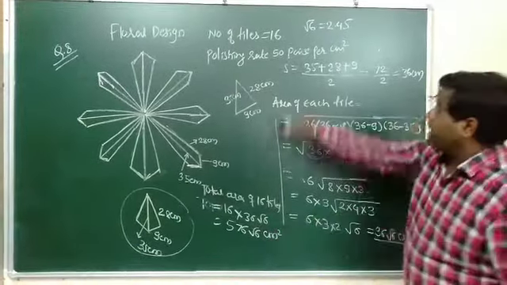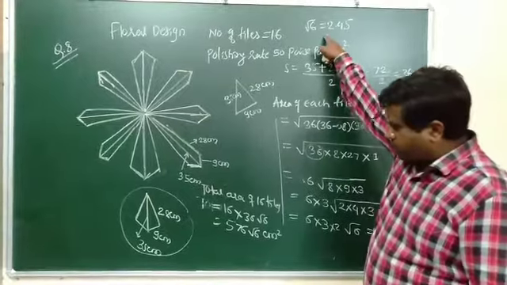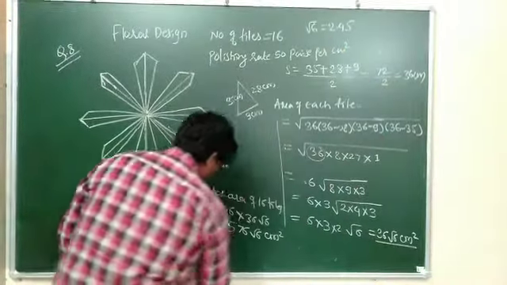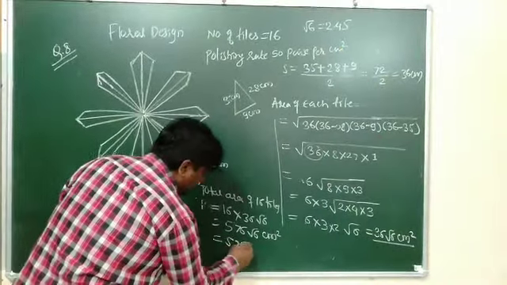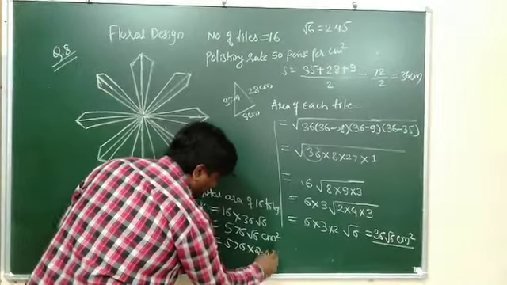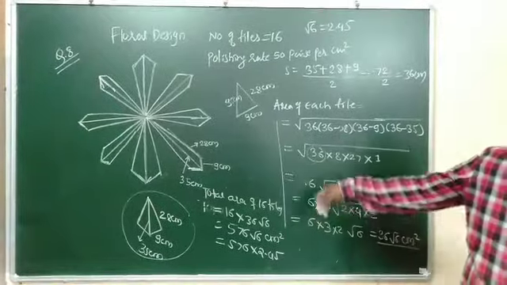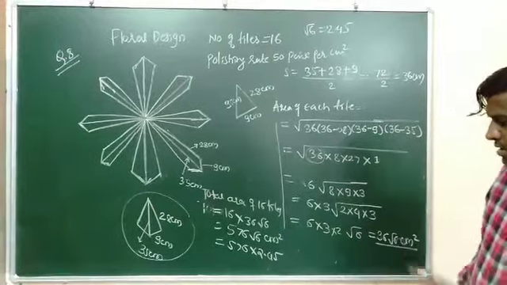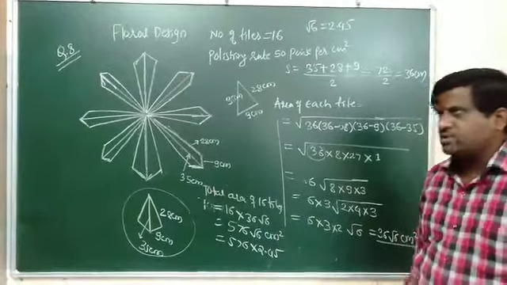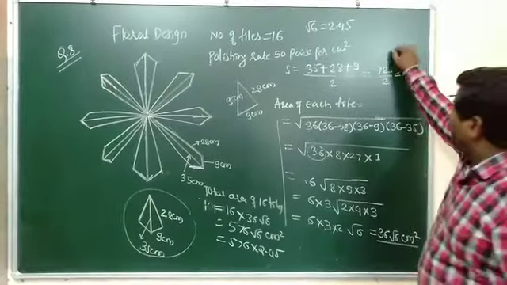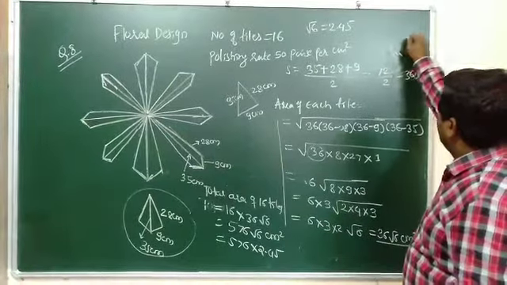So now I will use the value of root 6, so that is 576 into 2.45. Initially, in the last example, I have told how to take the value of root 6. It lies between root 4 and root 9, that is 2 and 3.